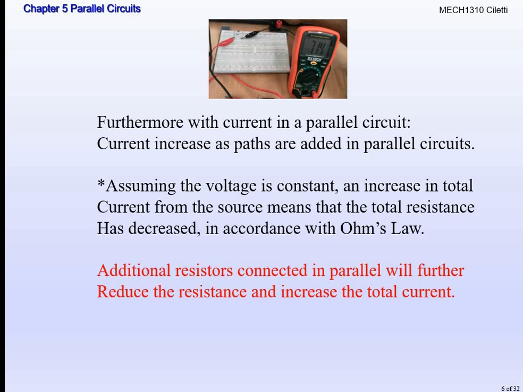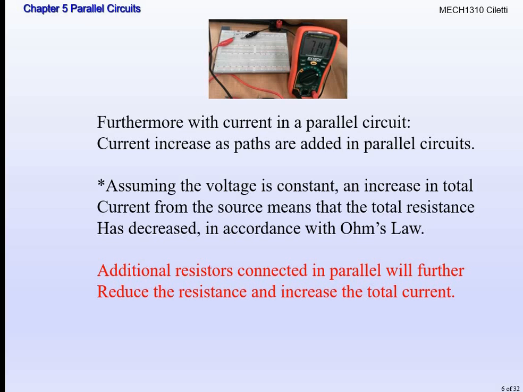Now, how do we change the current and resistance? What's really important is if we add an additional resistor, that's going to reduce the resistance and increase the total current. I know that doesn't make sense and sounds backwards. All right, so let's break it down. Let's talk about a series circuit first.